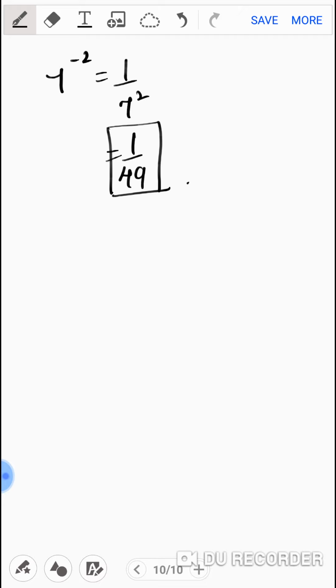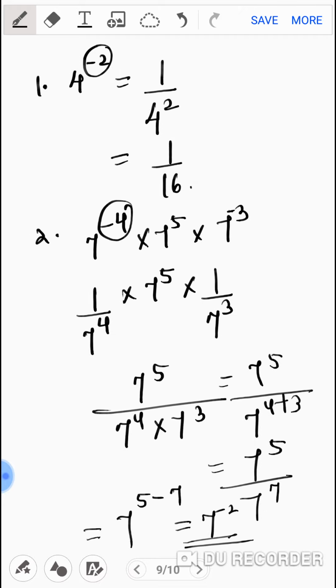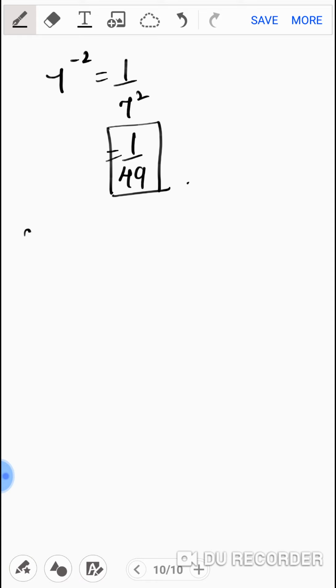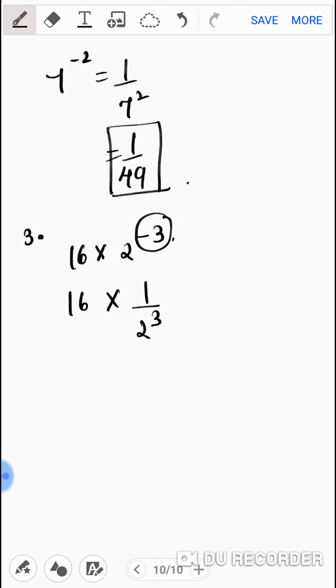Shall we start? So we have done 2 problems. Third, it is 16 into 2 raised to minus 3. So 16 will be the same into 2 raised to minus 3. How will you do it? 1 upon 2 raised to 3. I have converted this negative exponent, negative index, into positive by reciprocating it.